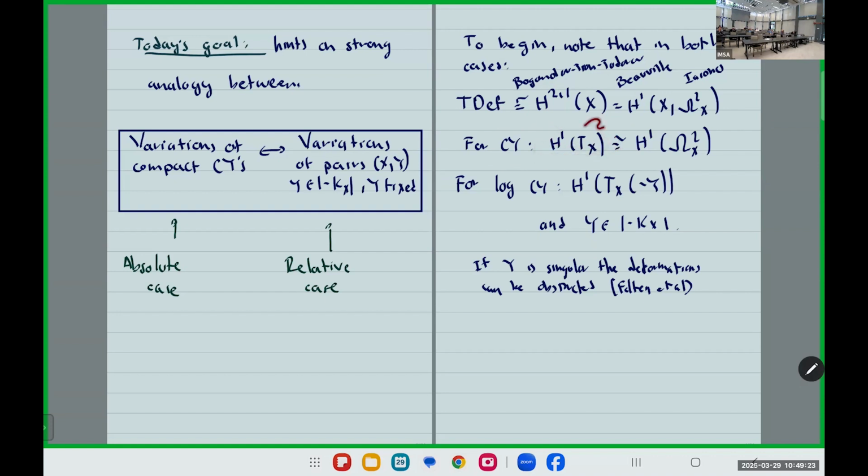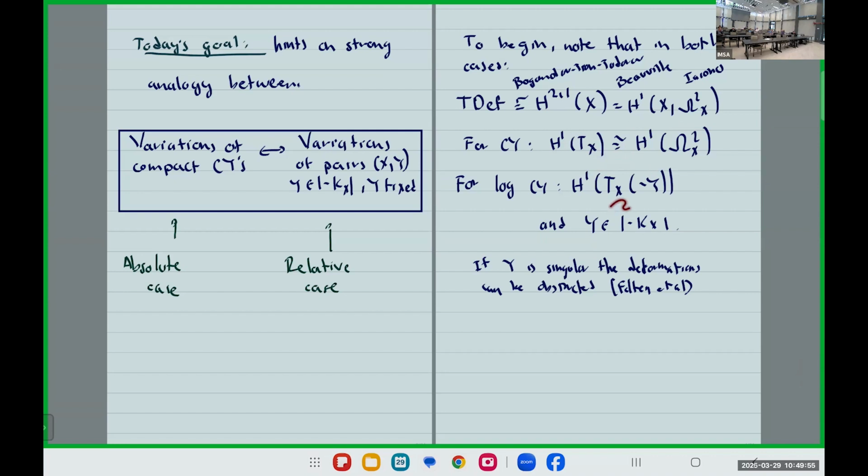As I was saying, we will multiply here by the O_X, in this case this is A of X. We are using the volume form, which in this case is unique up to a constant, just to have this isomorphism, just to identify this group.